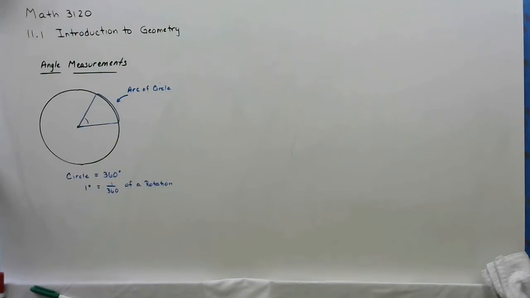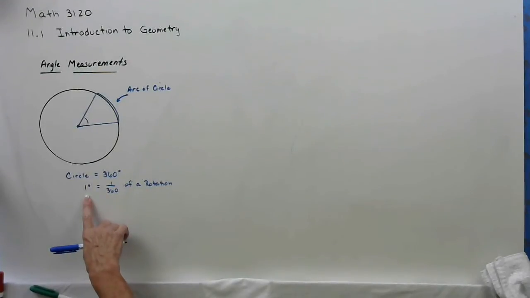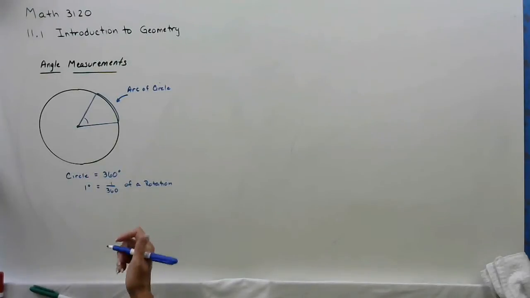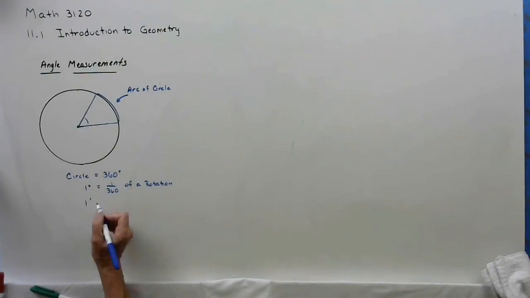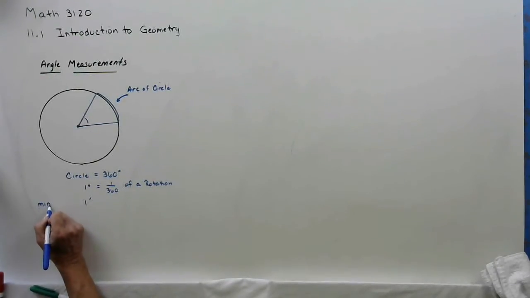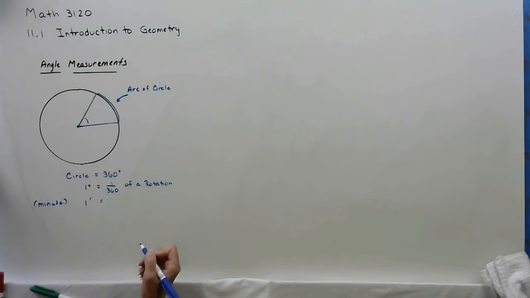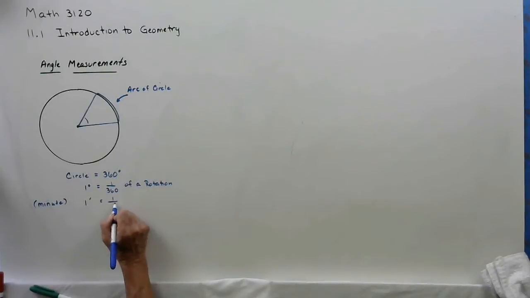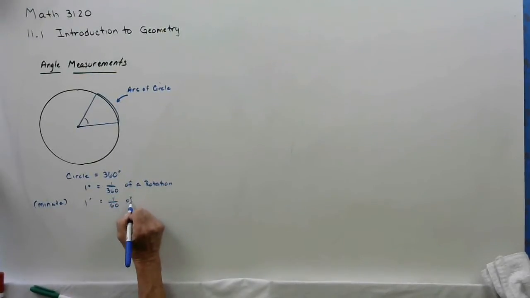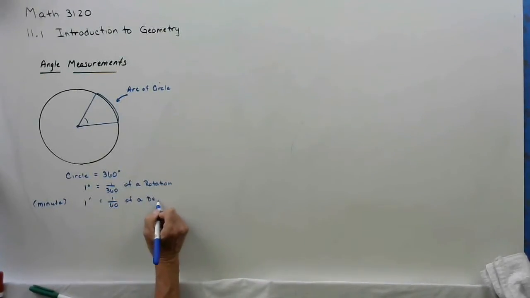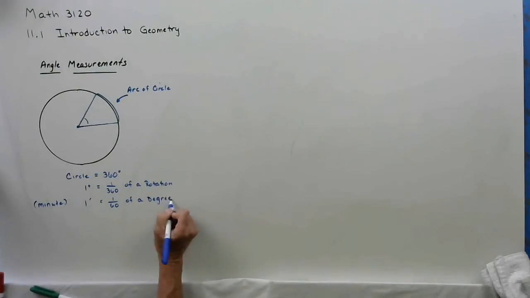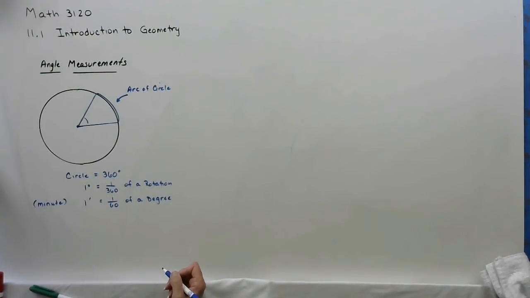Now what I'm not sure you know is that every single degree can be broken down into minutes. Okay? 1 minute, this is called a minute, just like on a clock, you guys. 1 minute is 1/60th of a degree. Just like on a clock, it has everything to do with a clock.